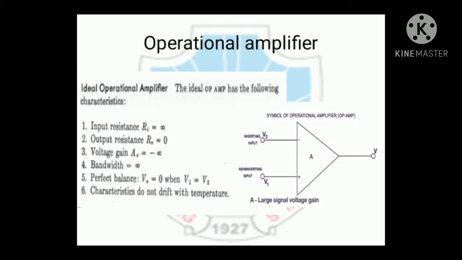are available in these operational amplifiers, such as input resistance is infinite, so it can effectively sample the signal voltage. Also, no current flows through the input terminals, so it does not unnecessarily load the signal source.